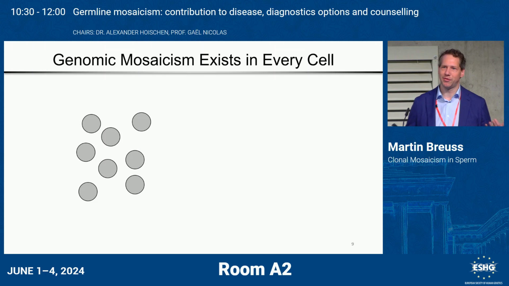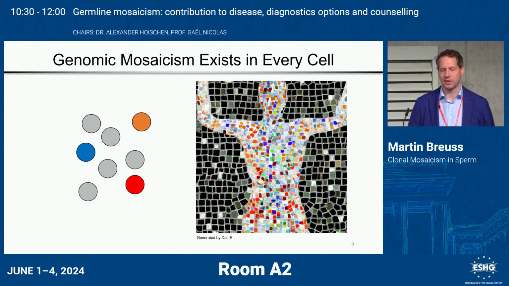It seems kind of naive for us to not assume so, but back in the day it was really an important insight that every cell, no matter what it looks like, has the same genome. But as we also know, this is not entirely true, because we are all mosaics of a history of developmental and aging mutations. In some cases, these will actually change the phenotype of the cells, and we have this mosaic of phenotypes across our body.